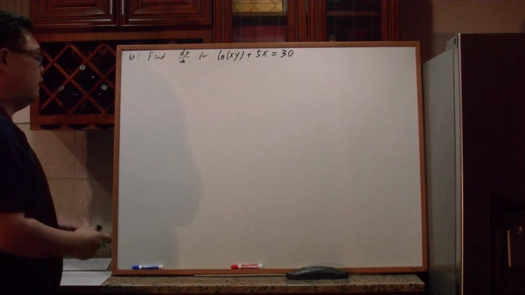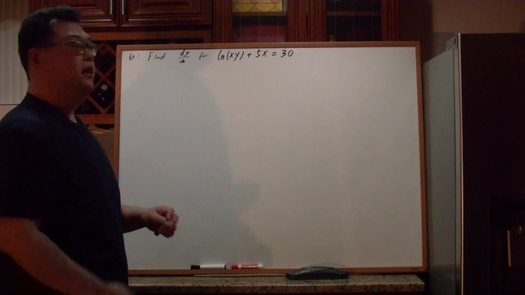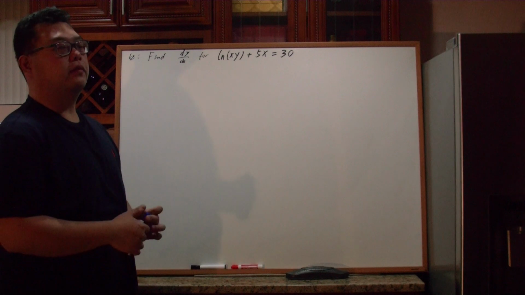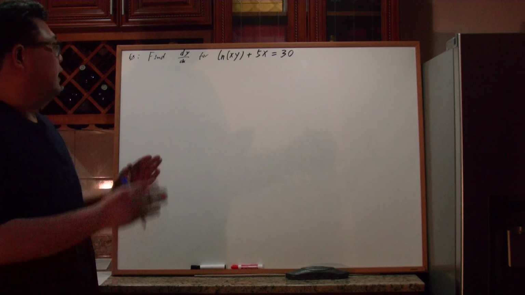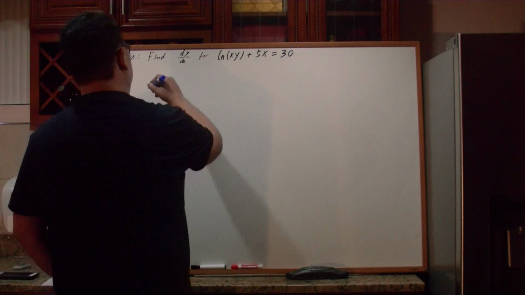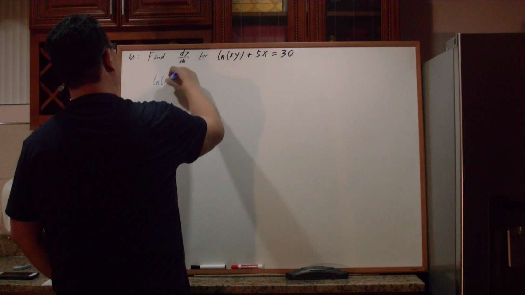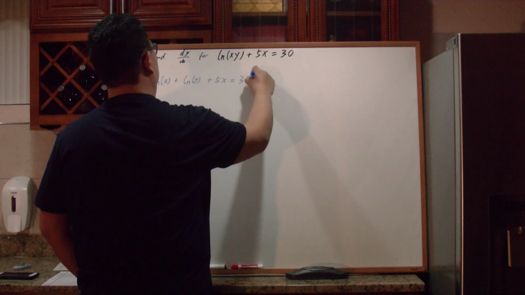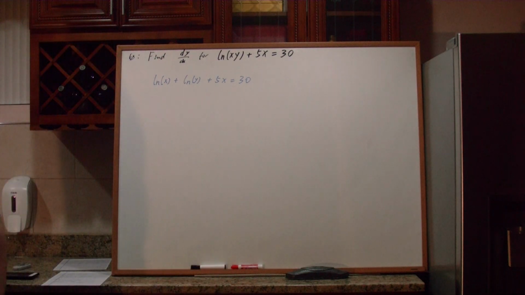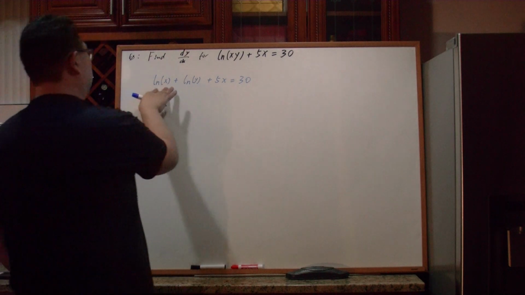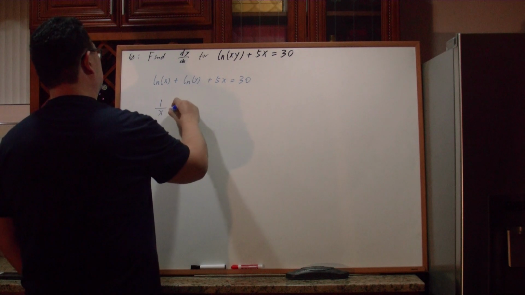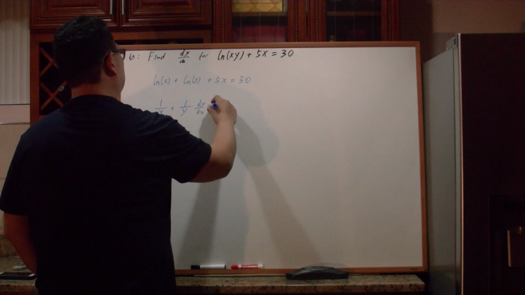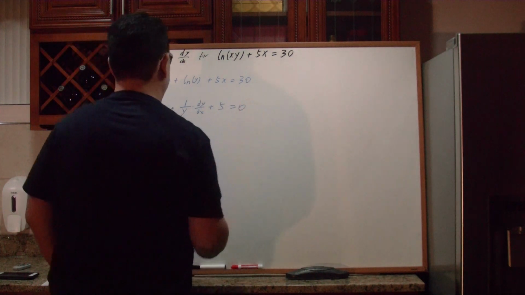For that equation, we can apply the product rule still for the derivative of xy, but since that is a natural log, separate them first. So ln of x plus ln of y plus 5x equals 30. Then we take the derivative of everything: 1 over x times 1 plus 1 over y times dy over dx plus 5 equals 0.